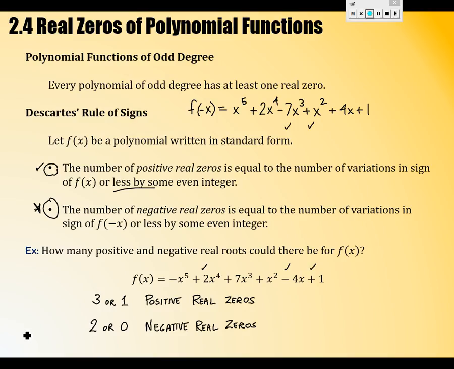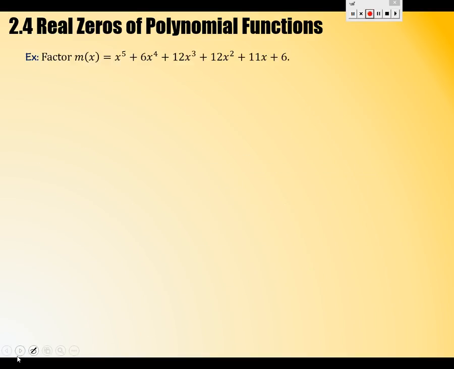When will that not be true? I just noticed that when you add a minimum and a maximum, they both equal 3. One of them was 1 positive and 2 negative. The other was 3 positive and 0 negative.